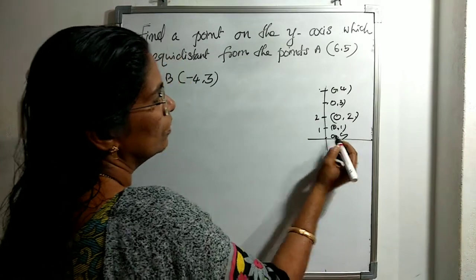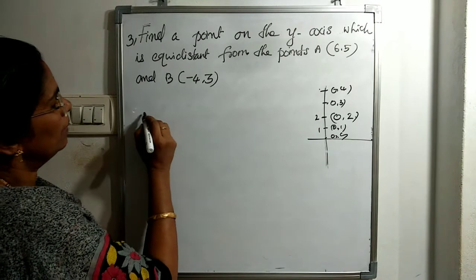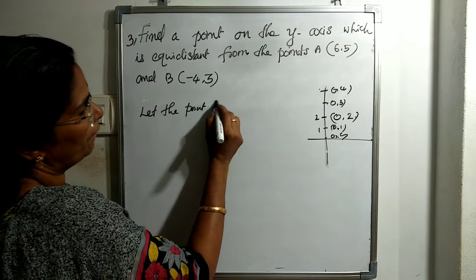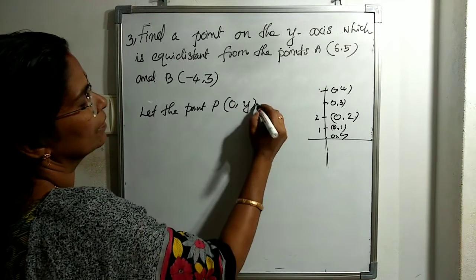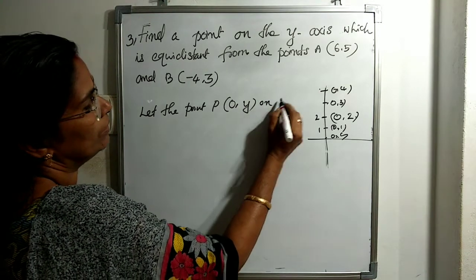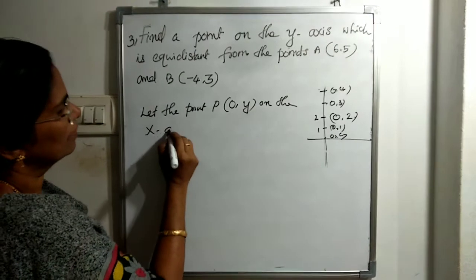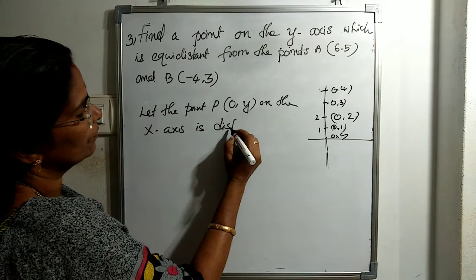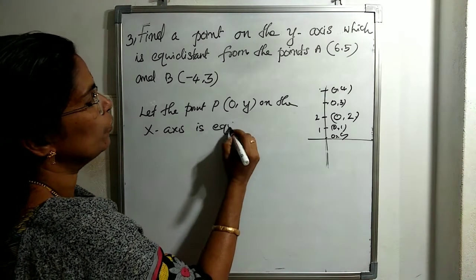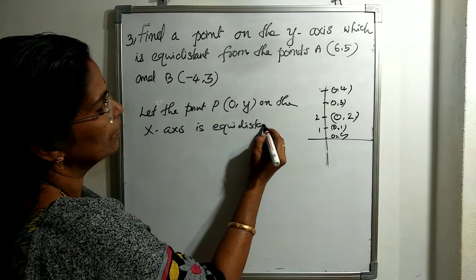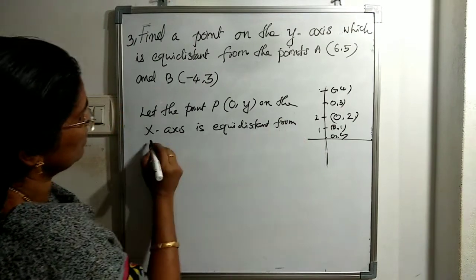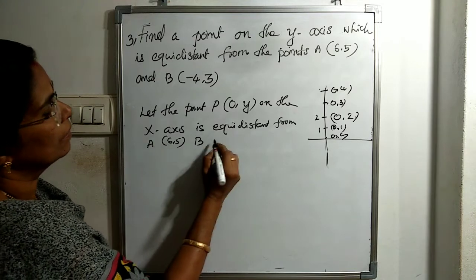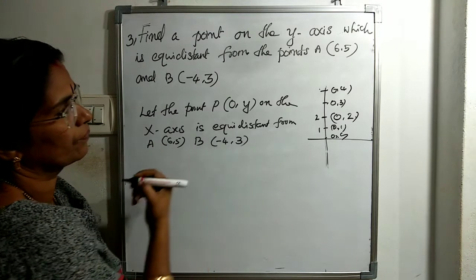Okay, (0, 0). We can take, let the point P (0, y) on the y-axis is equidistant from the points A (6, 5), B (minus 4, 3).